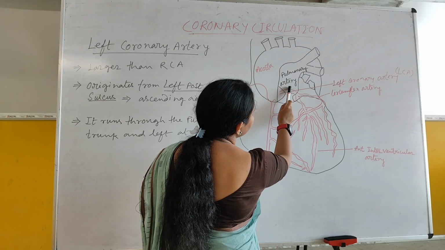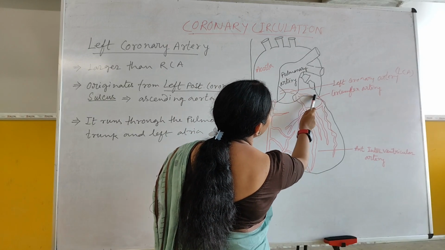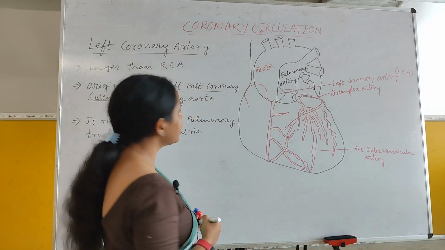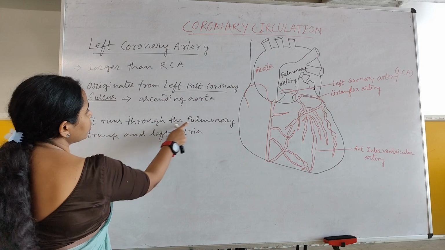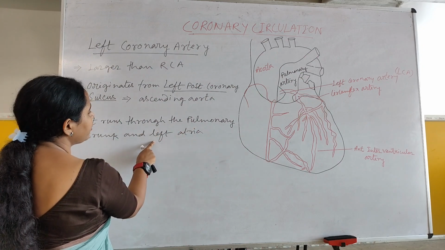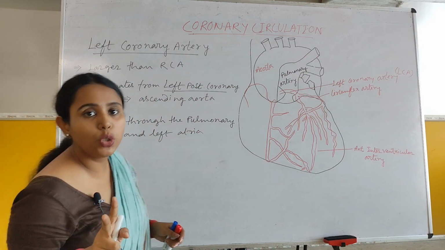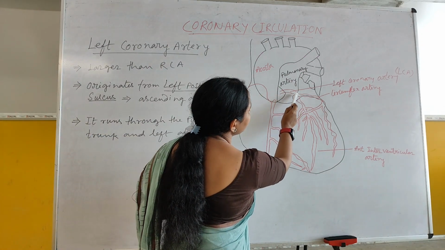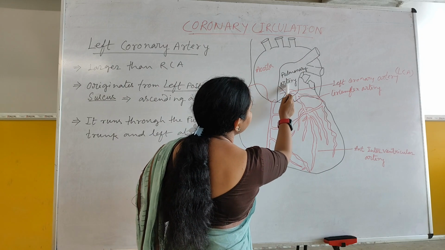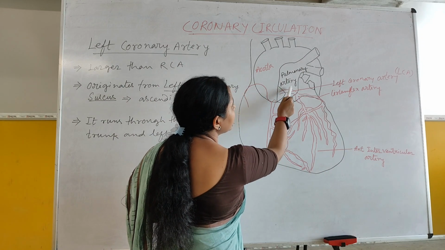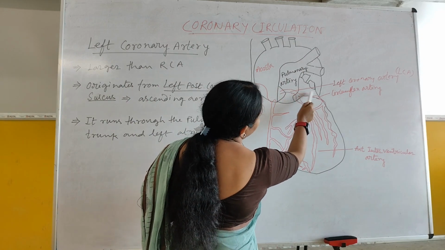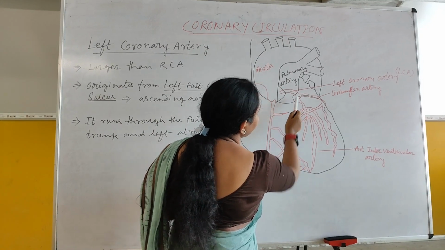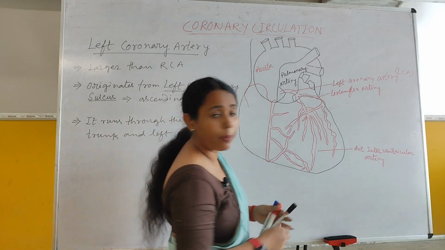You can see the pulmonary trunk and then the left atrium. Next, what happens? After passing through the pulmonary trunk and left atria, it divides into two parts. See the division here.